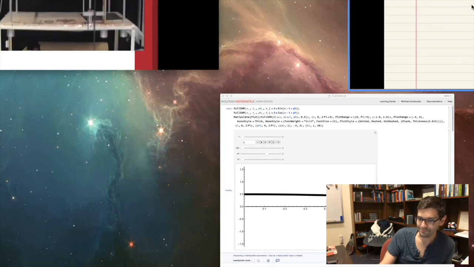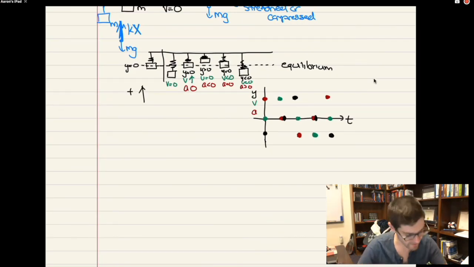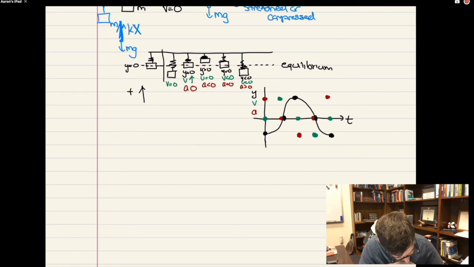And you'd be right. If I were to do this with many, many snapshots, what I would see is that the position would come up, it would taper off, it would go back down, and then get back to where it started. It would look something like this. The velocity would start by going up, reach some maximum point, start to come down, reach some lowest point, come back up.